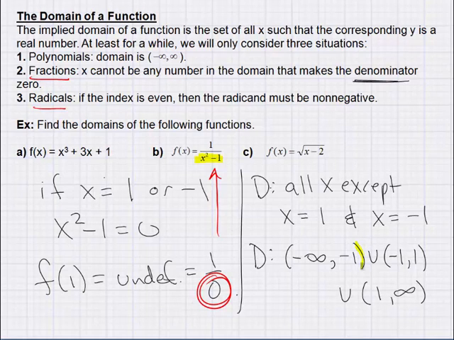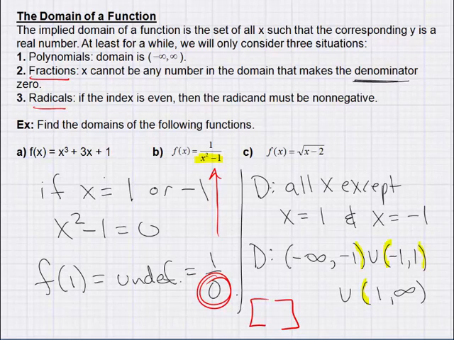Now look at what I did here. I used a parenthesis here, here, here, here for a reason. Now, interval notation, you gotta remember that parentheses means I don't include this value, and a bracket, if I did brackets, that meant I do include the particular value. So I don't want to include -1 or 1.